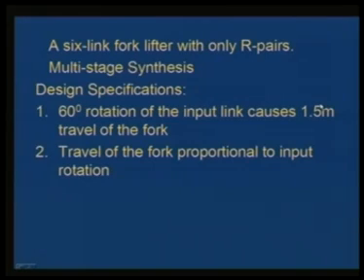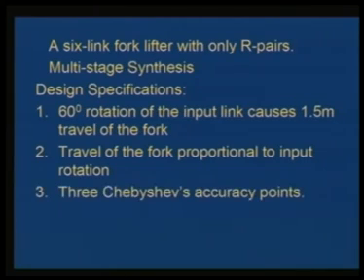Not only that, the travel of the fork should be proportional to the input rotation. As we know, we cannot have the line exactly vertical at all configurations, and we go through what we call a precision point approach. And we decide to use 3 Chebyshev's accuracy points during this entire travel of 1.5 meter.